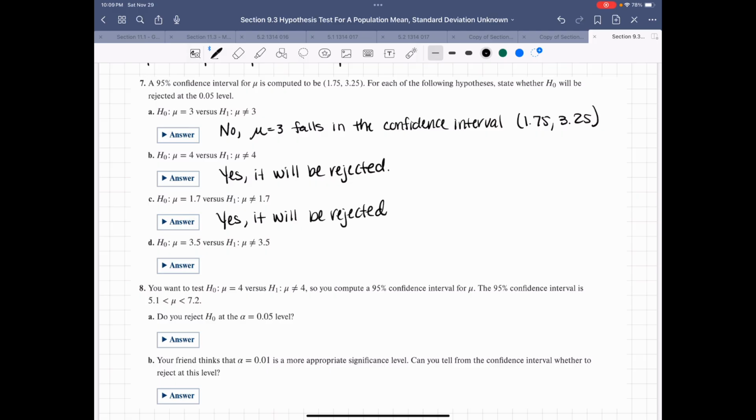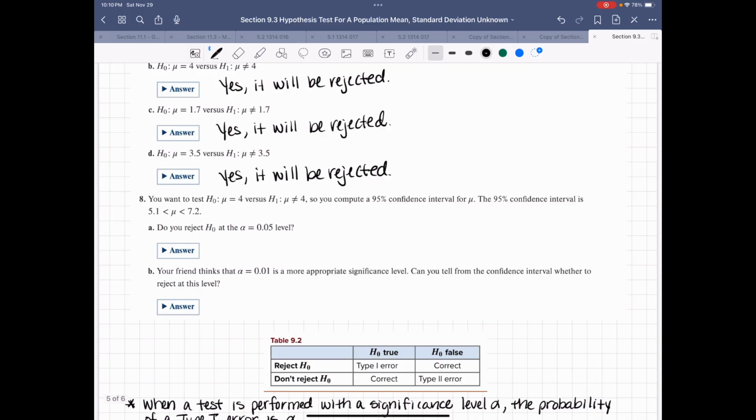Guys, it doesn't fall in that interval. The number has to be between 1.75 and 3.25 for it to be accepted. Otherwise, it is rejected. So if mu equals 3.5 is given, will it be rejected? Yes, it's going to be rejected.